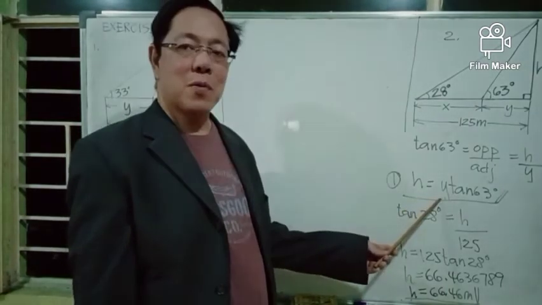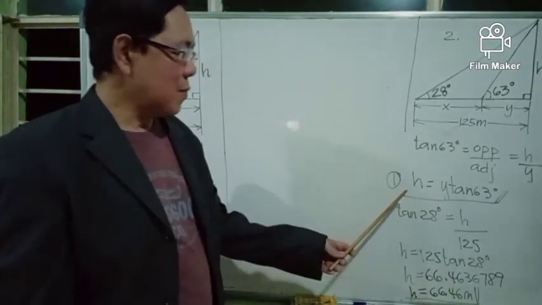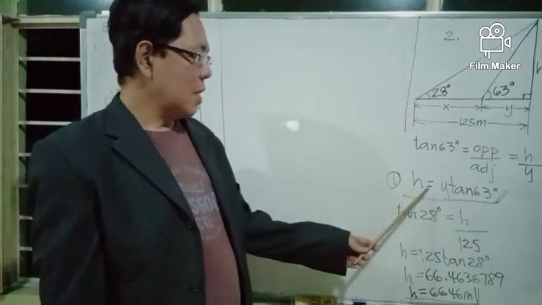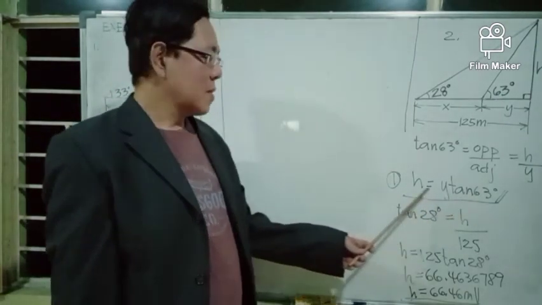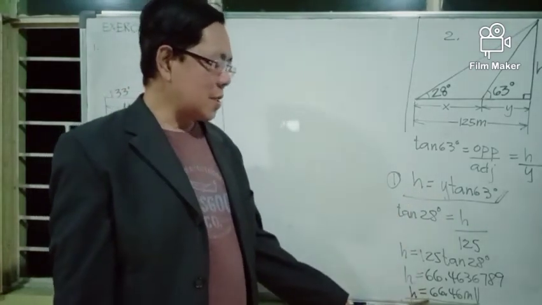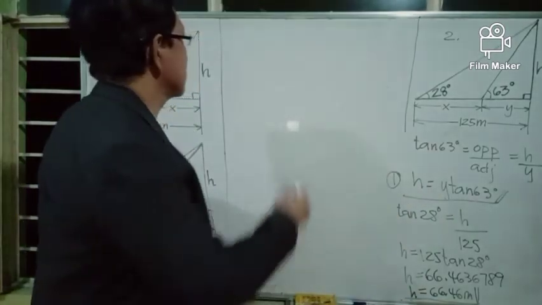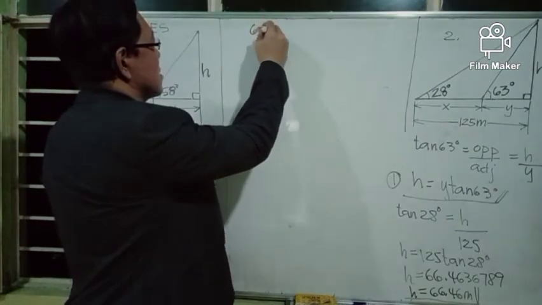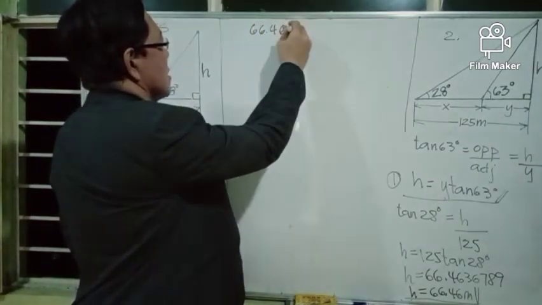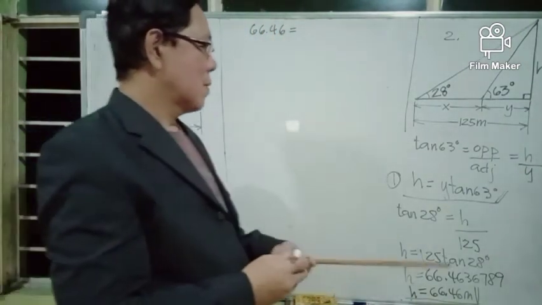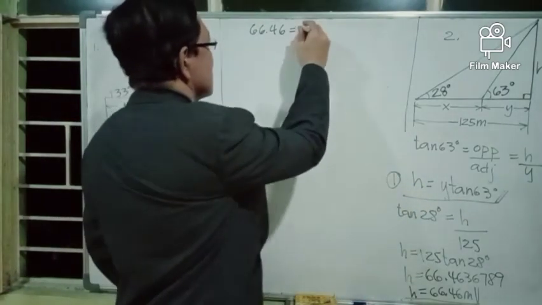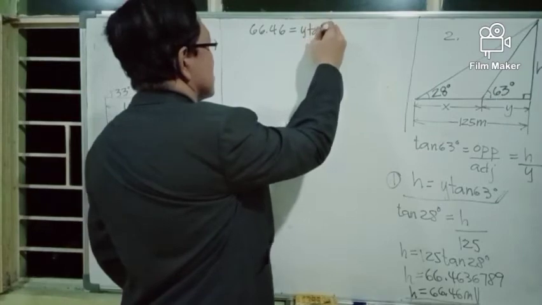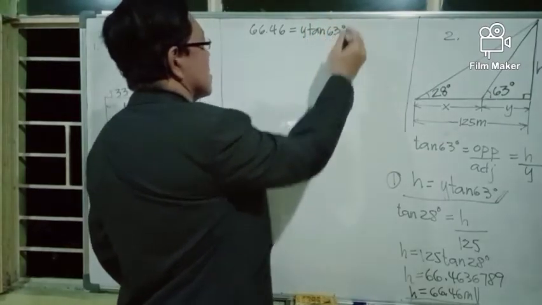From equation 1, we have h equals y times tangent of 63 degrees. We replace h with 66.46. 66.46 equals y times tangent of 63 degrees.